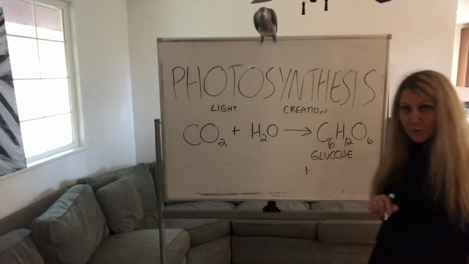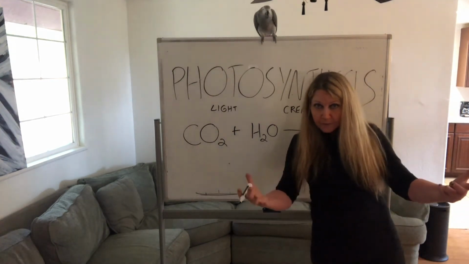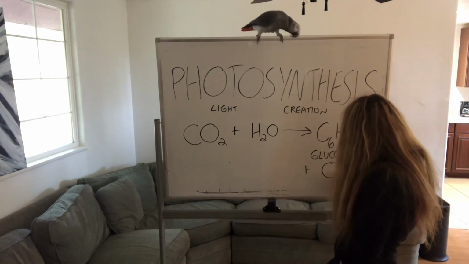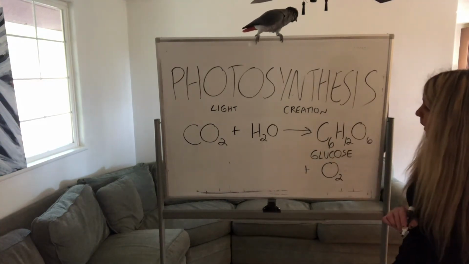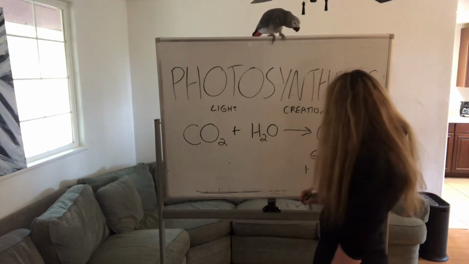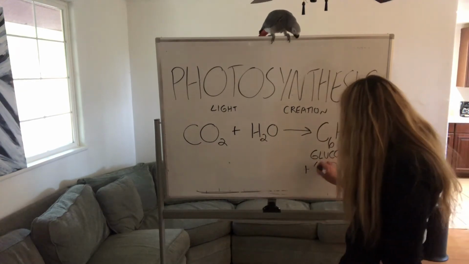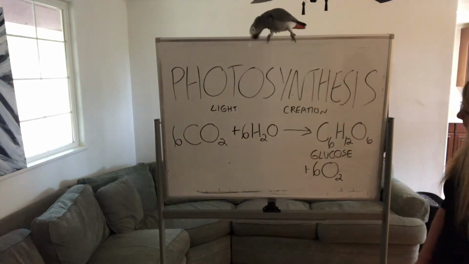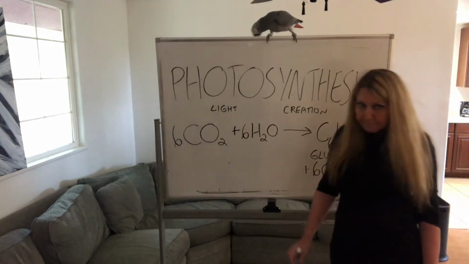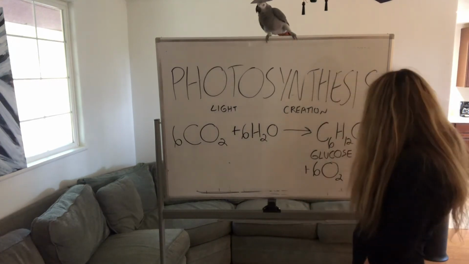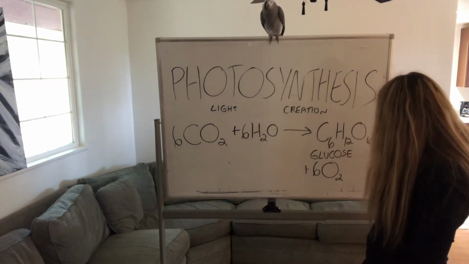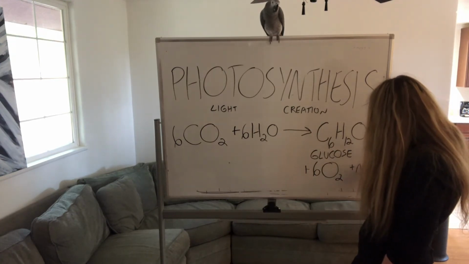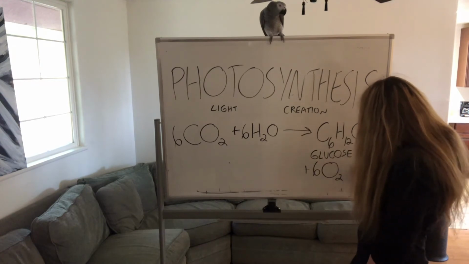What else is produced? What do we breathe in? Oxygen. So oxygen is also produced. And it's actually 6 carbon dioxide, 6 water.